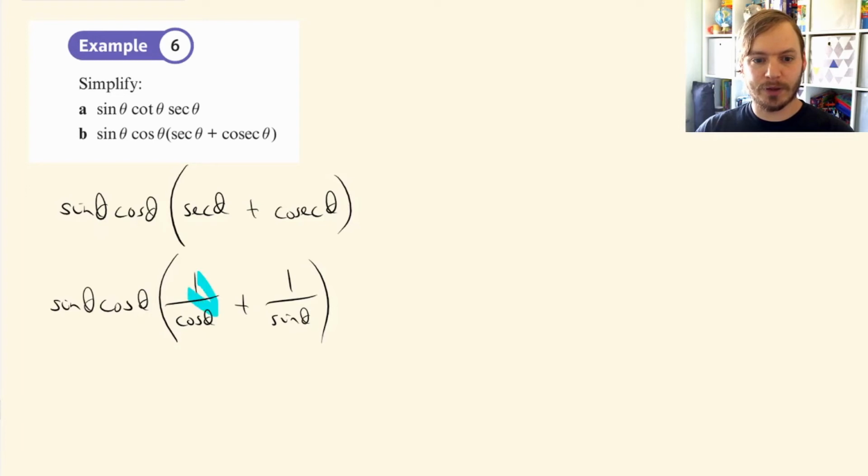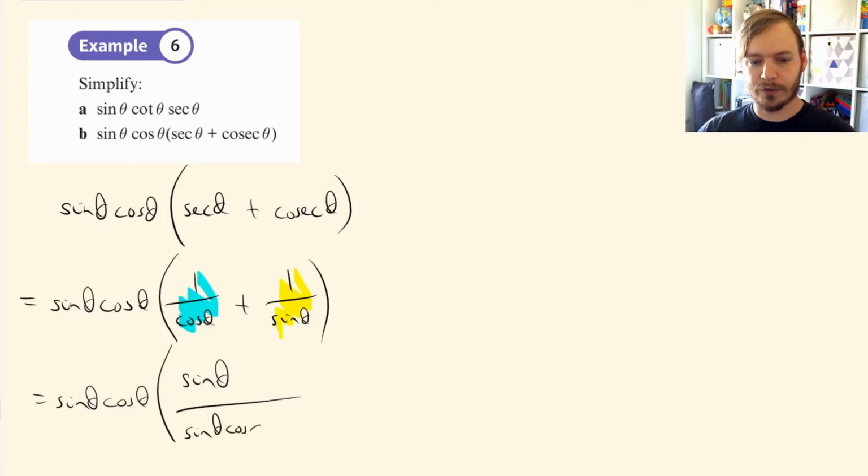So if I multiply this one by sine theta on top and bottom, and this one by cosine theta on top and bottom, then what I get is still sine theta cos theta, but now I'm going to have sine theta over sine theta cos theta plus cos theta over sine theta cos theta.